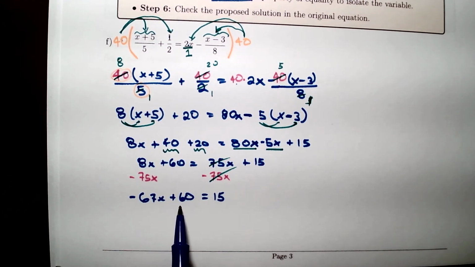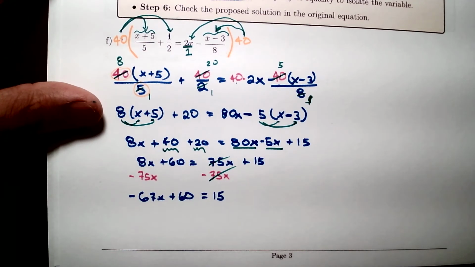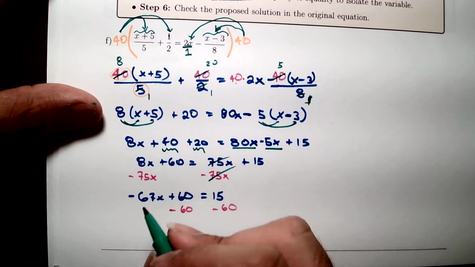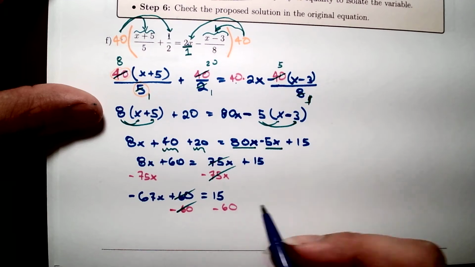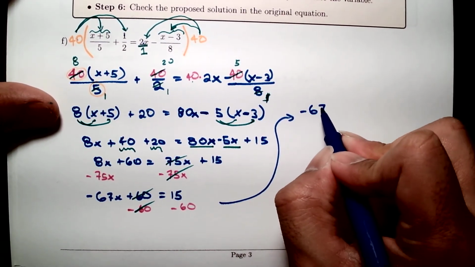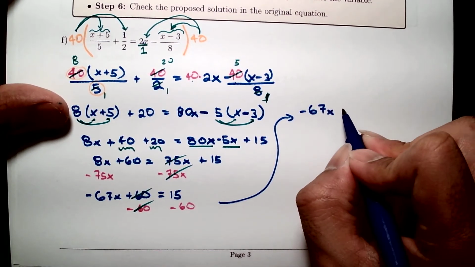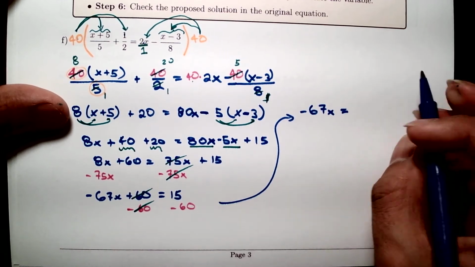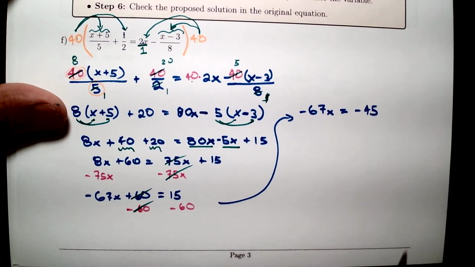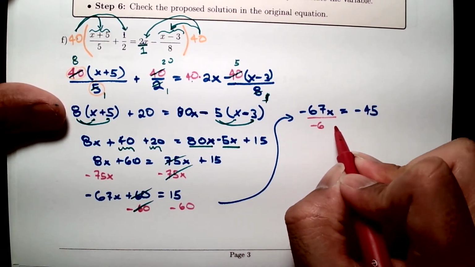And then I'm going to subtract 60 from both sides. You get negative 67x equals negative 45. And finally, to get x by itself, divide both sides by negative 67.